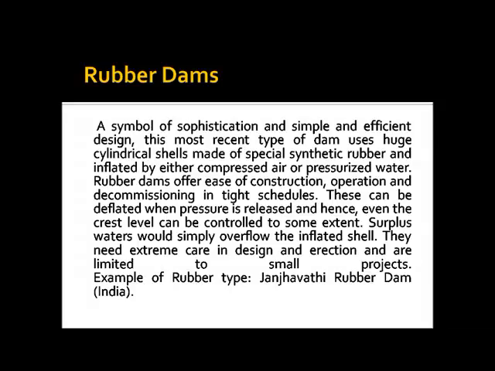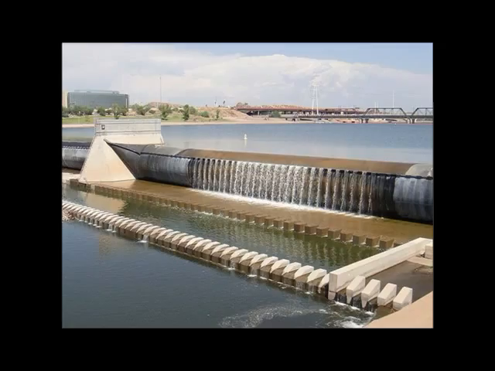But there are some disadvantages of this kind of dam. One thing is a lot of care is needed for this dam, both at the time of design and erection. So that is why they are usually limited to smaller projects. One example of a rubber dam in India would be the Janjavati rubber dam.